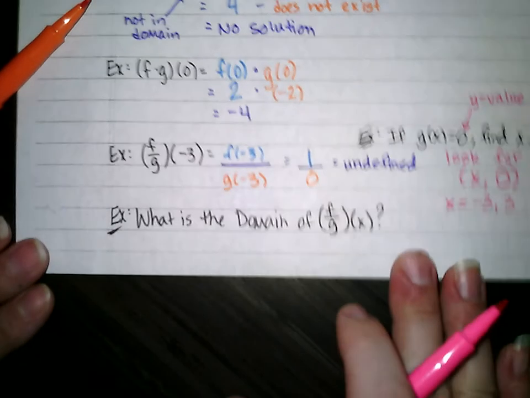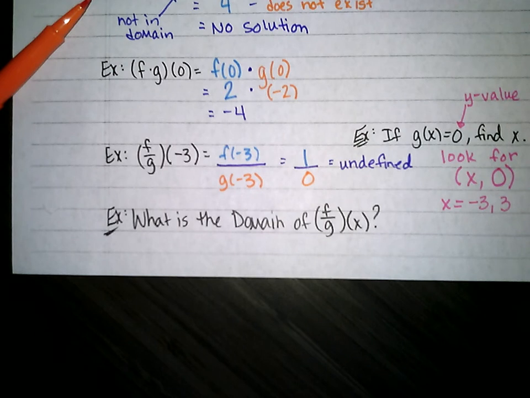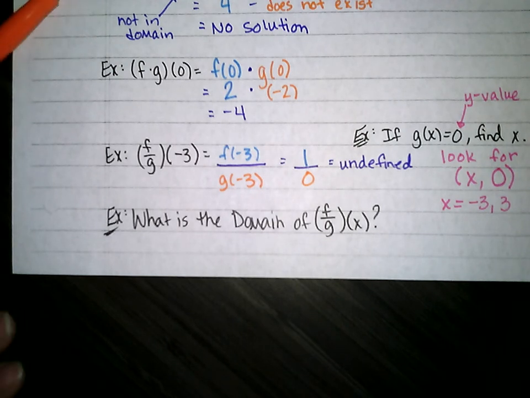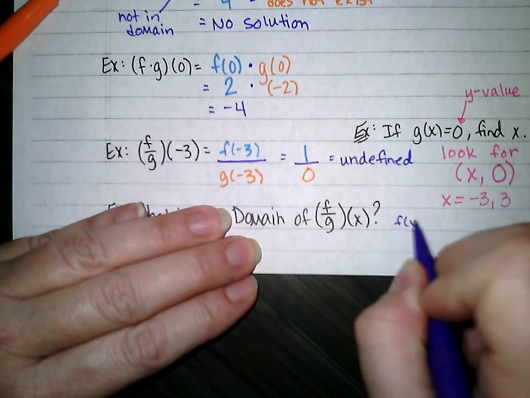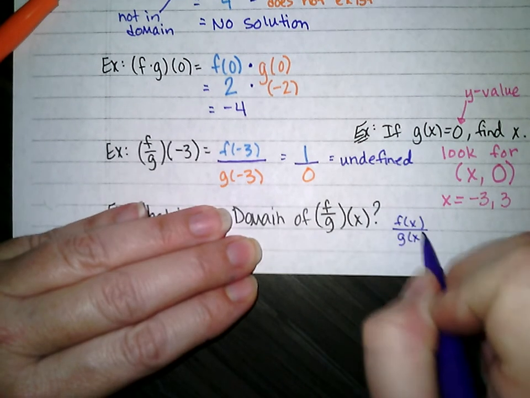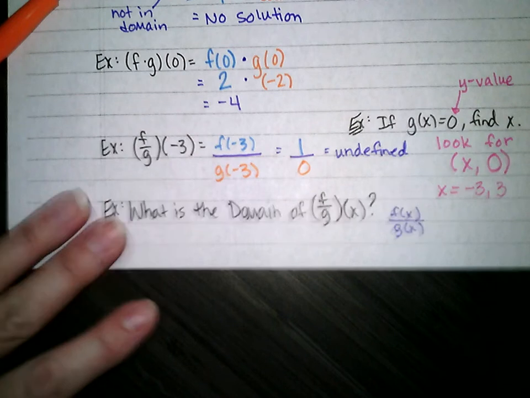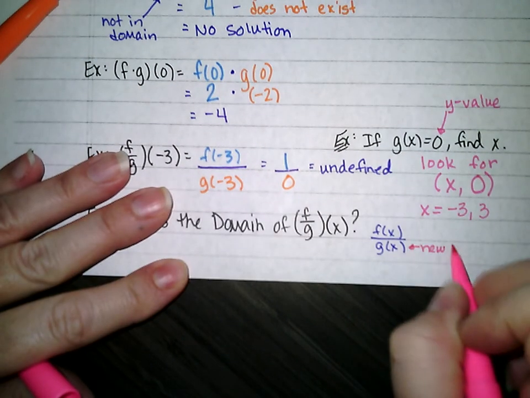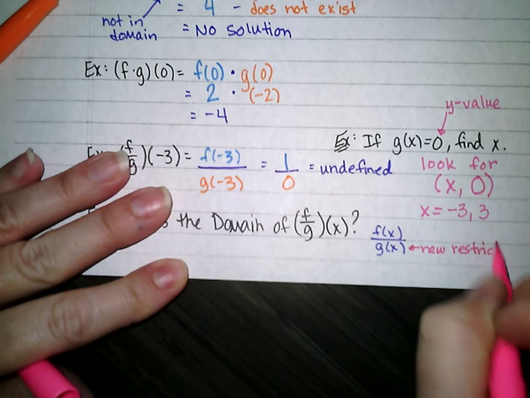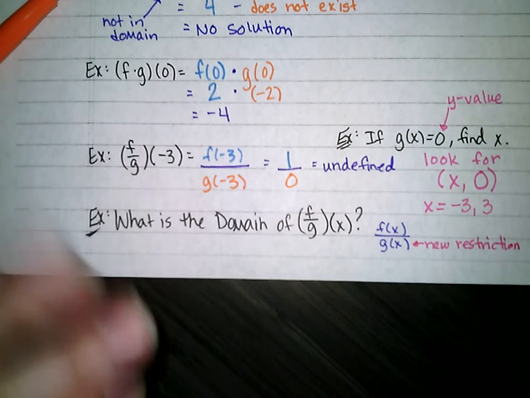Okay, what's the domain of f over g of x? So we already know the combined domain for f of x and g of x, but when we put f over g of x, that means we're doing f of x over g of x. Remember that that's introducing a new restriction. That new restriction is that g of x cannot equal 0.